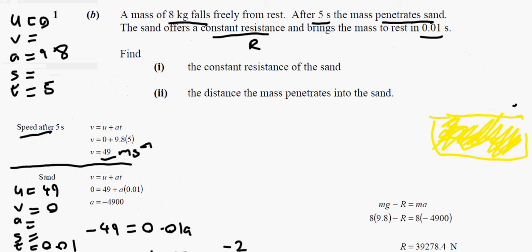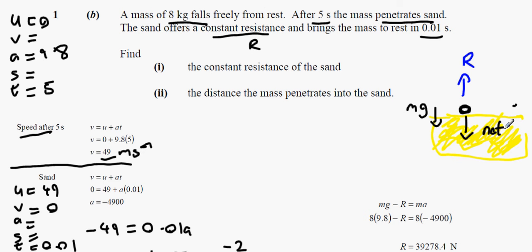The next part of the question is when the mass hits the sand. There are going to be several forces acting. First of all, the resistance is acting against the motion of the particle, so the resistance acts upwards. The next thing you need to know is that the weight of the particle is still pushing it down, the mass times gravity still pushing it downwards, and then there is the net force.